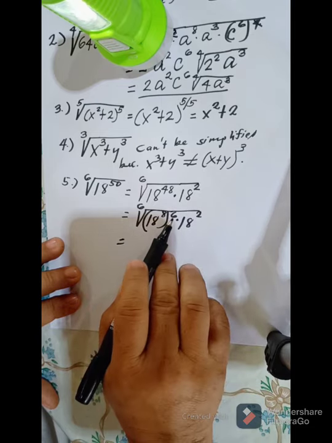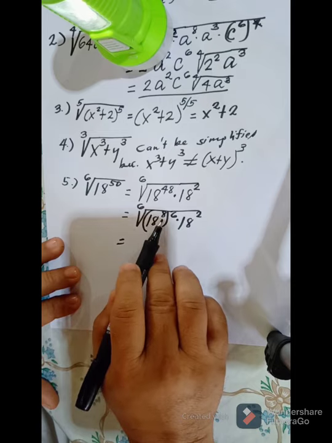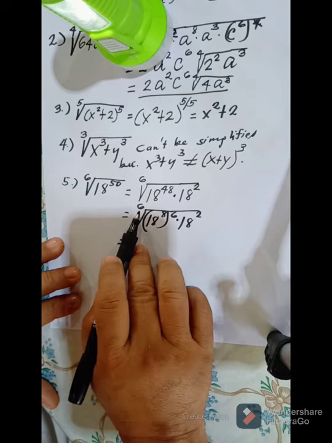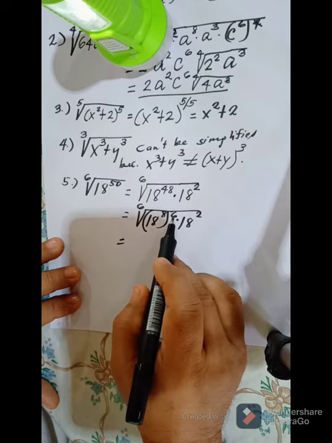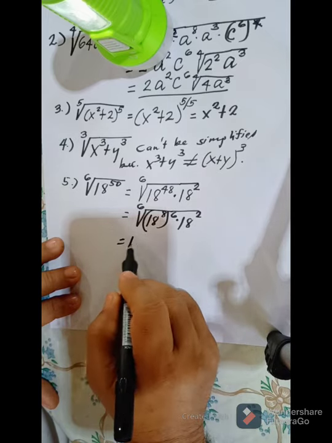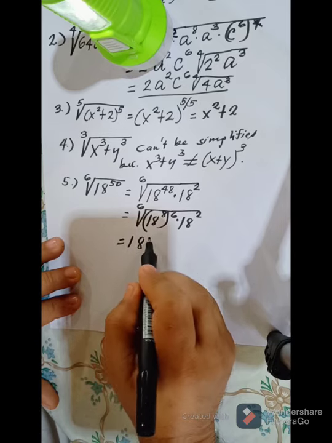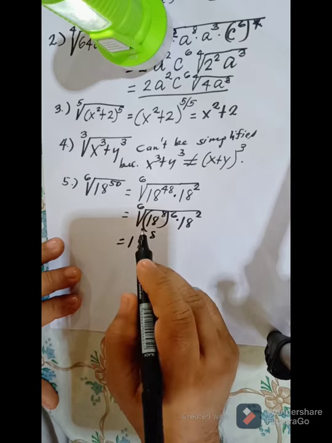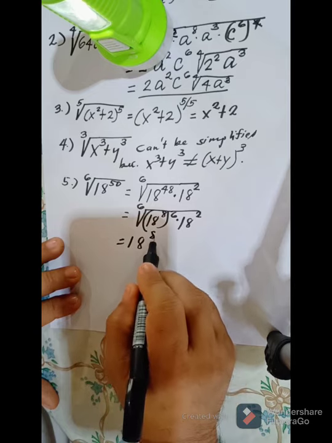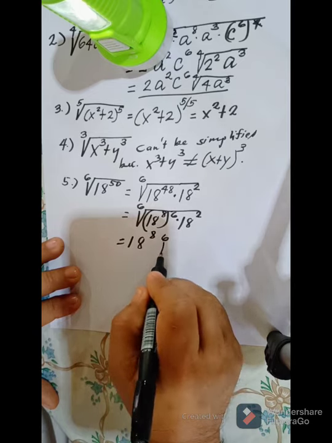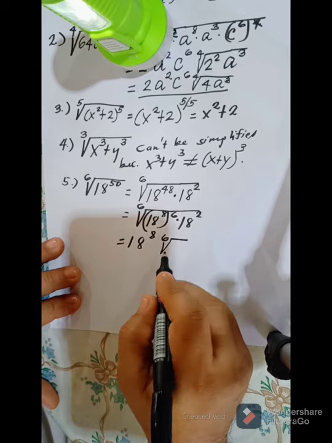Since the power of 18 to the power 8 is 6, and 6 is equal to the index, we cancel this one. So we write outside the radical 18 to the power 8, and what remains as radical is the sixth root of 18 squared.